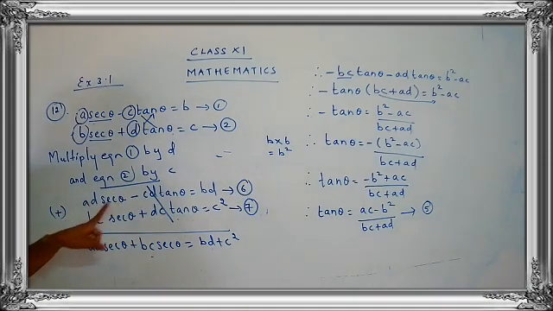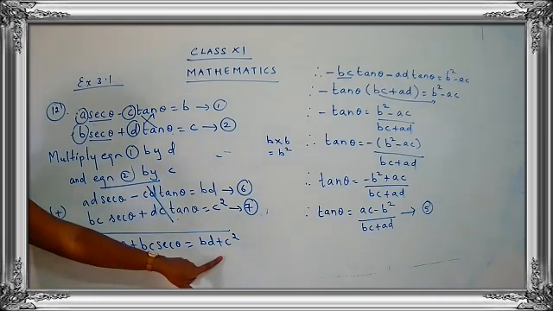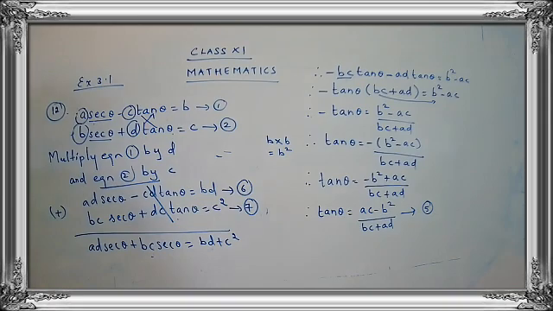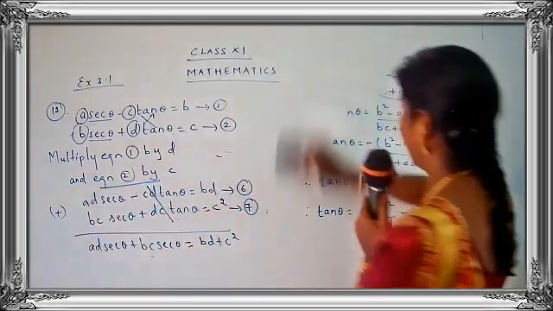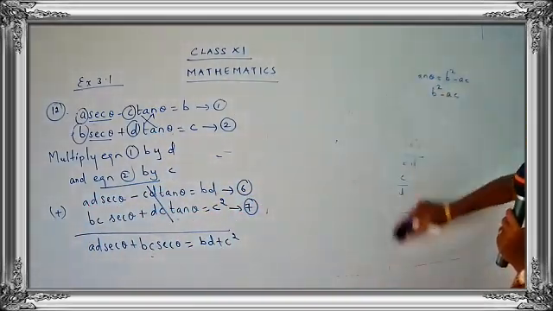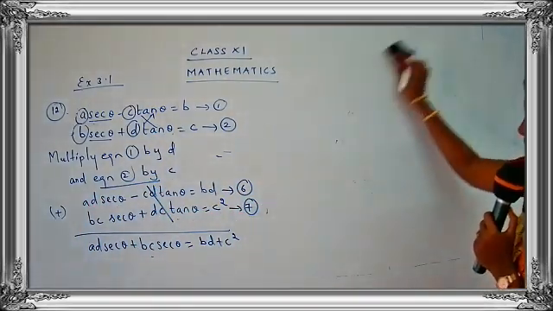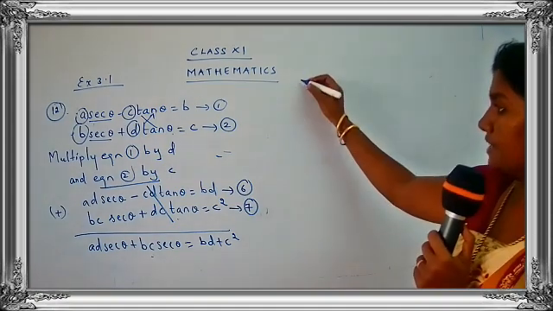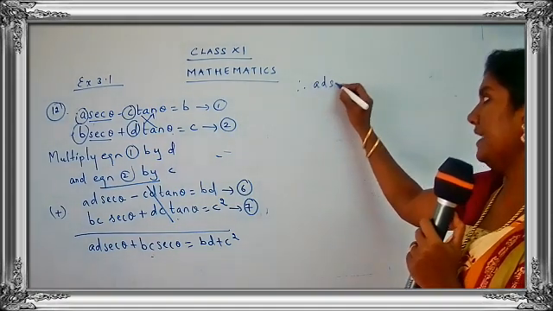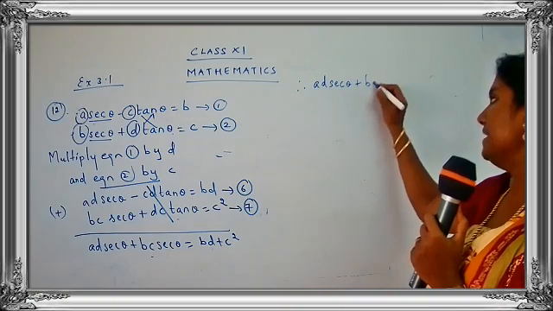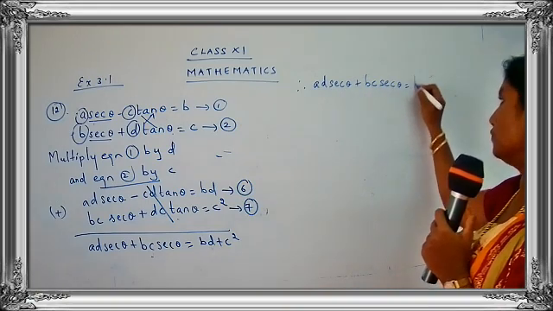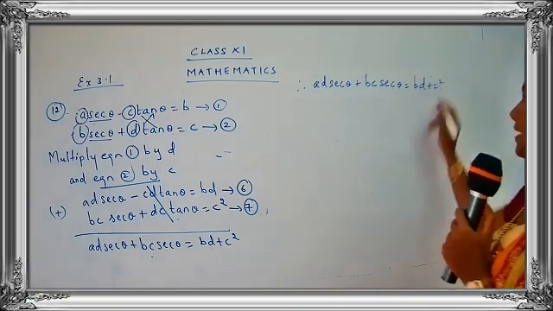Are you clear, children? Now, try to write down this equation. So I'll write, therefore, AD sec theta plus BC sec theta is equal to BD plus C square. This is what we get.